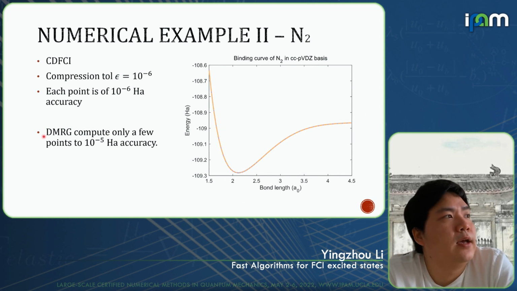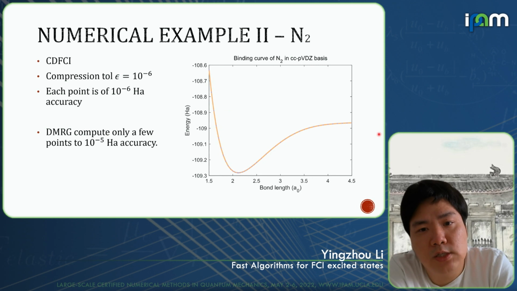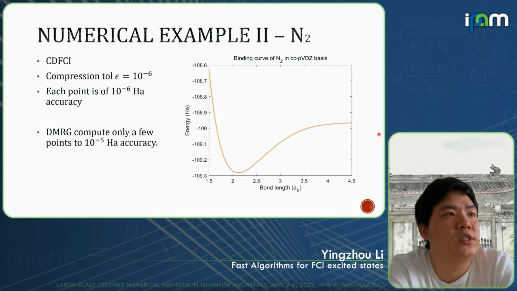And DMRG, from the literature, a few years ago computed a few points up to 10 to the negative 5 accuracy. Since CDFCI is very efficient, we are able to characterize this binding curve with high accuracy.